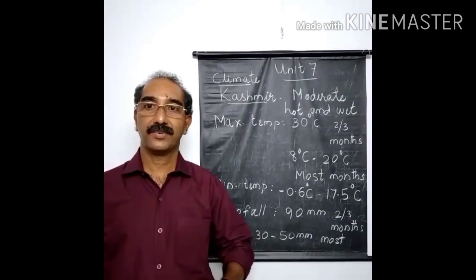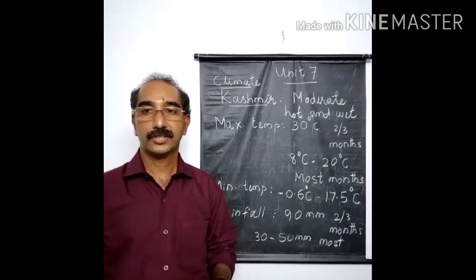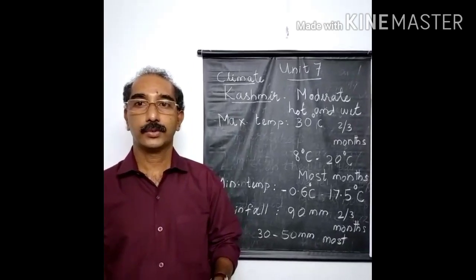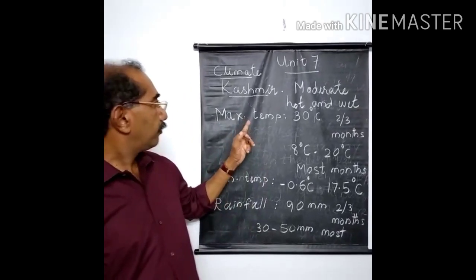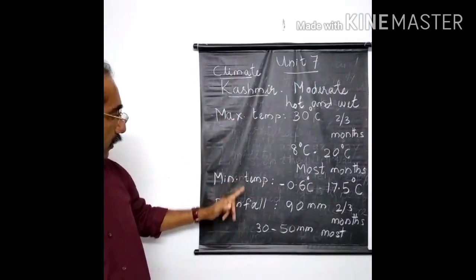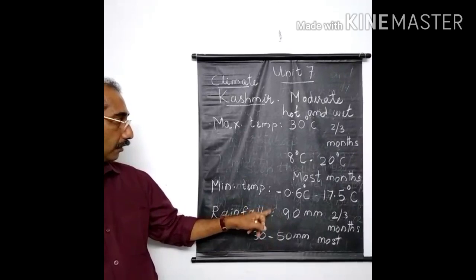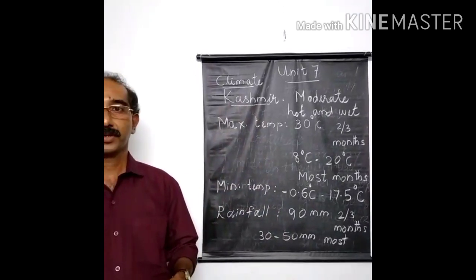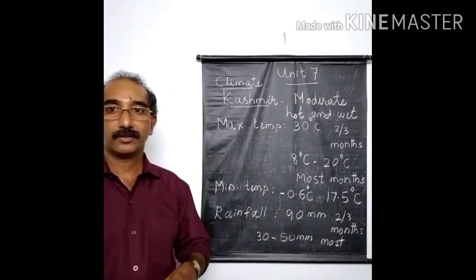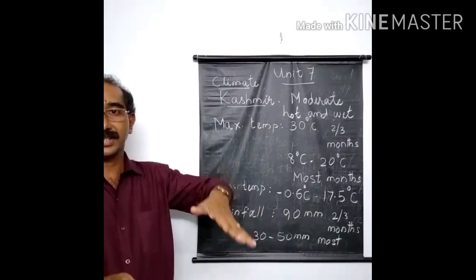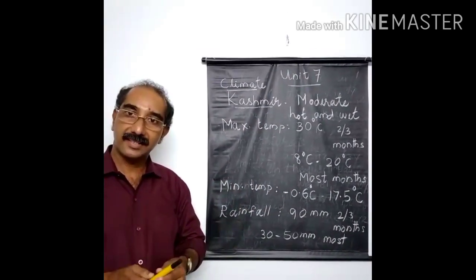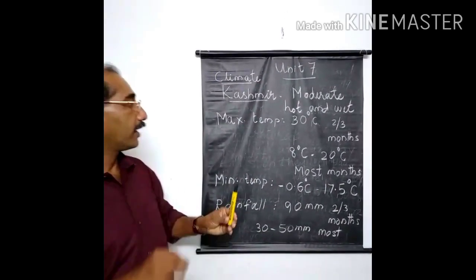On page number 71 of your textbook, there is a table relating to the maximum temperature, minimum temperature, and monthly rainfall recorded in Kashmir. All 12 months' records are given. When you analyze the table, we can get these points.